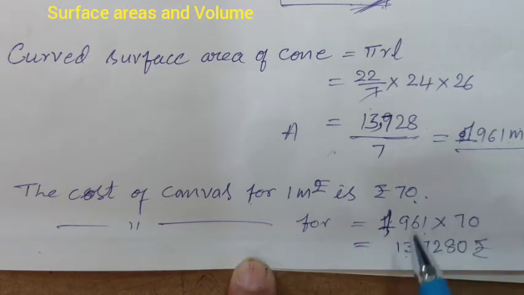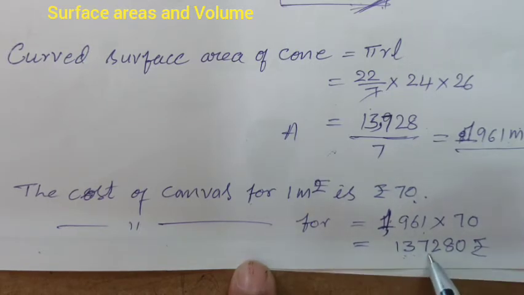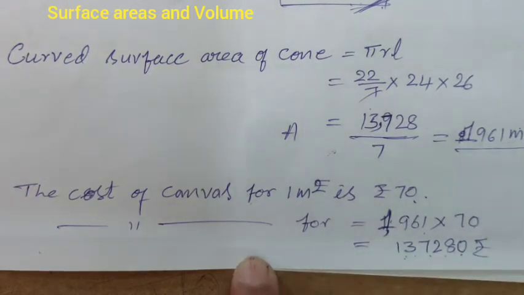So for making this 1961 meter square canvas, at rupees 70 per meter square, we spend the amount of 1,37,280 rupees. In this way we can find the cost, and also the slant height.